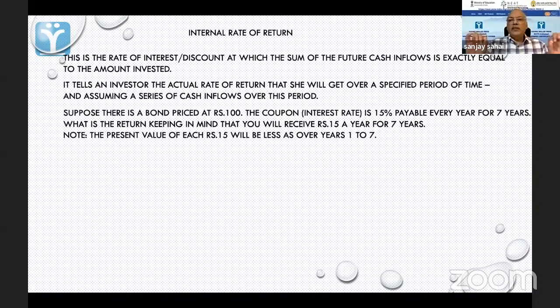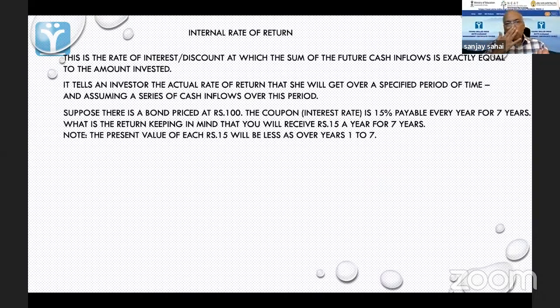So in this example, what the company is saying is, you buy bonds from me, 100 rupees per bond, we'll give you an interest rate of 15%, and we'll pay this to you every year for 7 years. At the end of 7 years, you will get back this money.